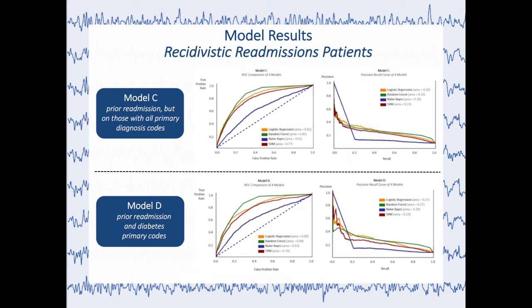strategies. Model C and D perform much better compared to A and B because we possess more information related to patients' admission history. Models C and D show high areas under the curve in the range of 0.74 to 0.84.